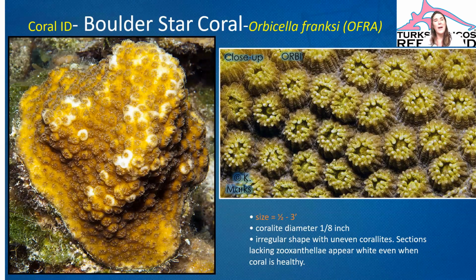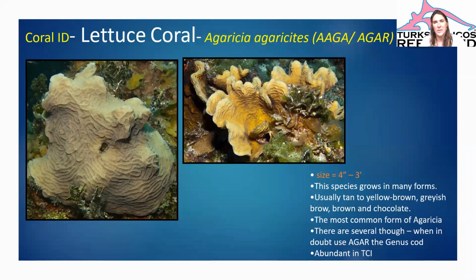Next on our list, we have the lettuce corals, the Agaricias. Agaricia agaricites is the most common of the lettuce corals, so that's AGA. But I would like to re-emphasize that there are many different morphological occurrences of Agaricia agaricites, and several other species that fall under the genus Agaricia.